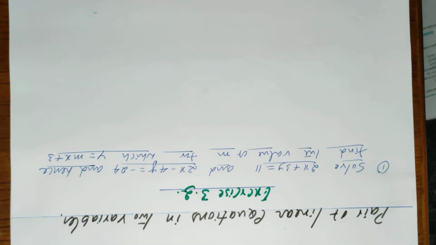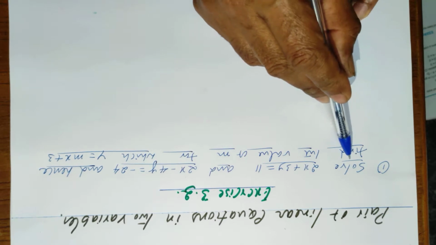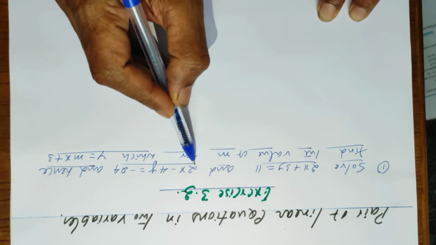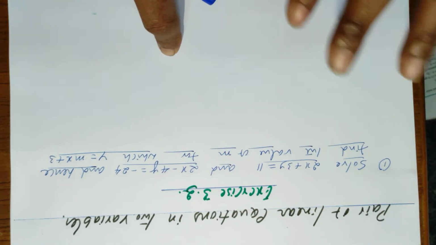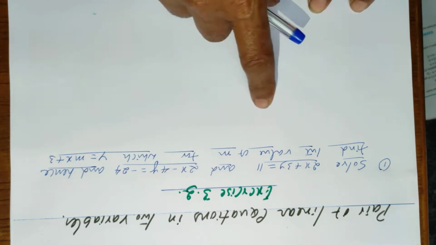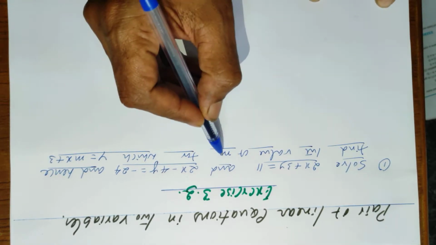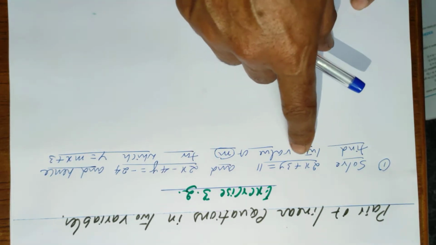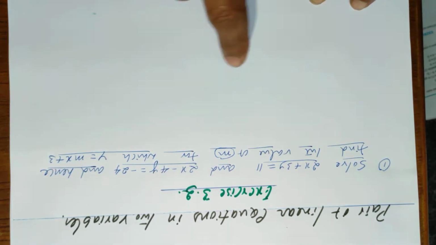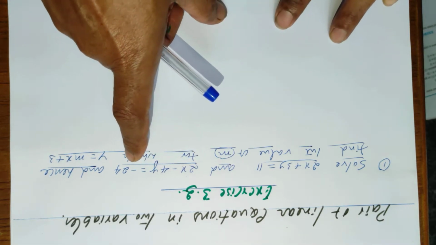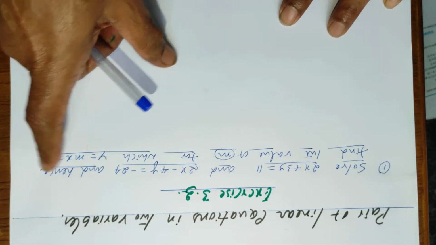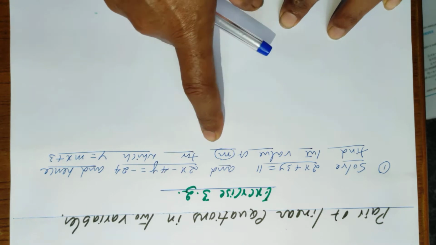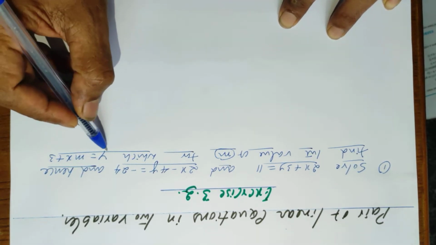The first problem: you are asked to solve equations by substitution method only, and to find the value of m. Solve 2x plus 3y is equal to 11 and 2x minus 4y is equal to minus 24, and hence find the value of m, for which y is equal to mx plus 3.